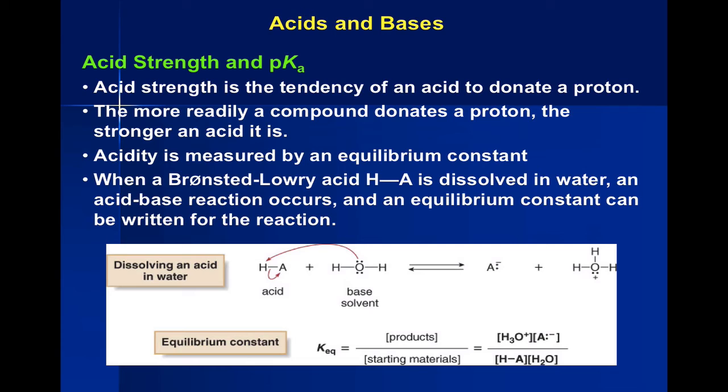Now, when I take acids and bases, I know they're all not of equal strength, right? You all learned that if you take HCl, HBr, and HI and you place them in water, they completely dissociate. You called those strong acids, right? So that means that HCl, HBr, and HI are all of equal acidity, correct?